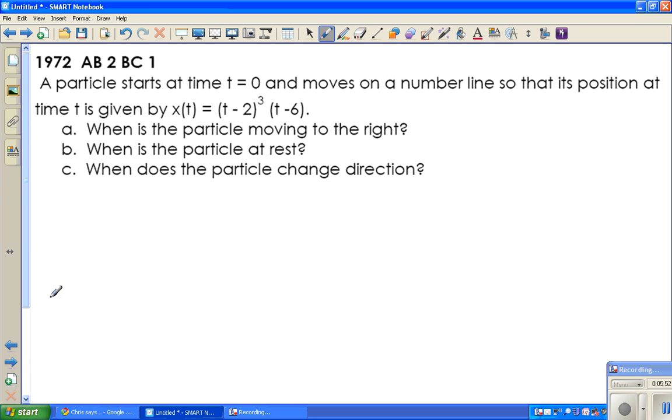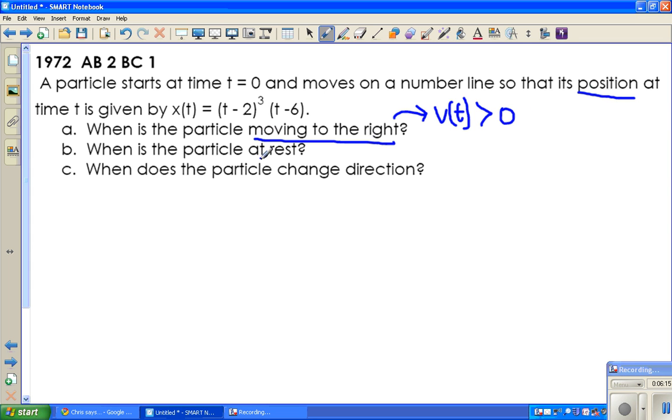Let's go for the second question. Same kind of question here. A particle starts at time t equals 0, moving on a number line. Once again, we're talking about position. It has to move to the right. Moving to the right, in fact, implies that velocity is positive.